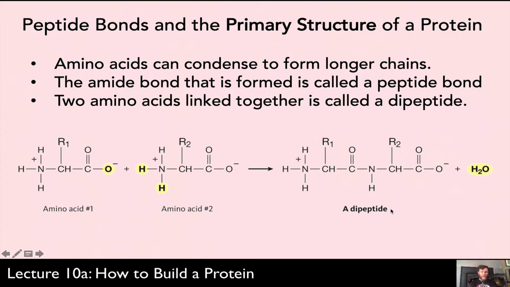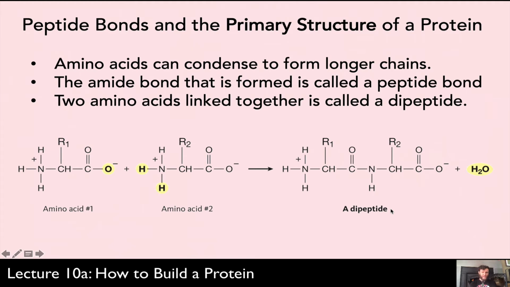The amide bond that is formed between one end, the NH3 end of the protein backbone, and the other end, the carboxylic acid or CO2 minus end. That bond is an amide bond, chemically speaking, but within protein chemistry we call it a peptide bond. And when you link two amino acids together, we call that a dipeptide.